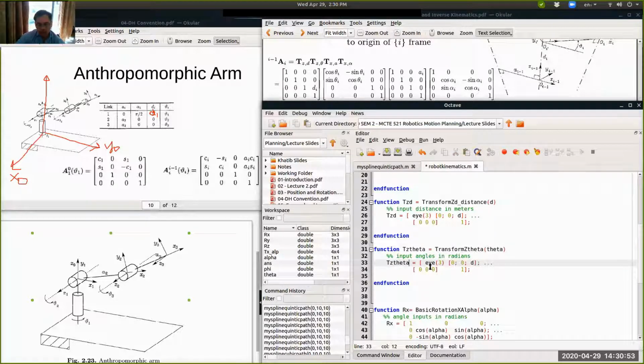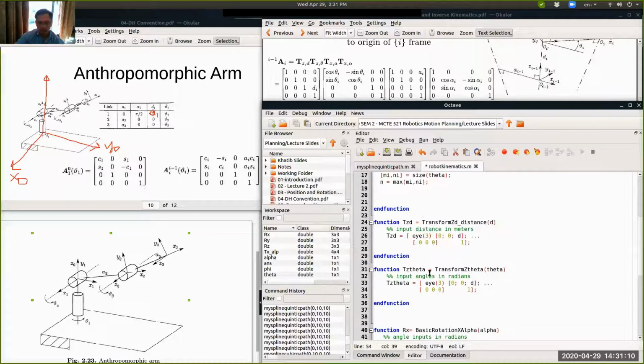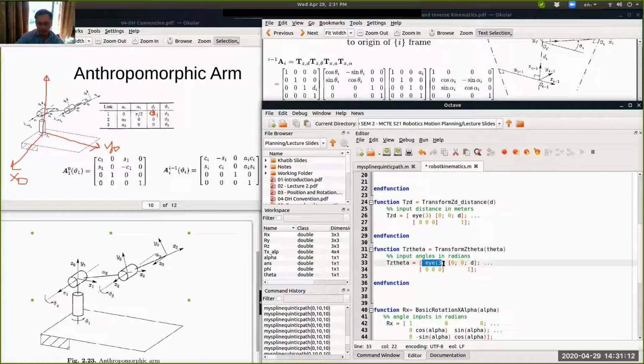We have the R of Z theta, R transformation, Z theta here instead of I, and then this one is 0 because there's no distance difference, and that one is 1.